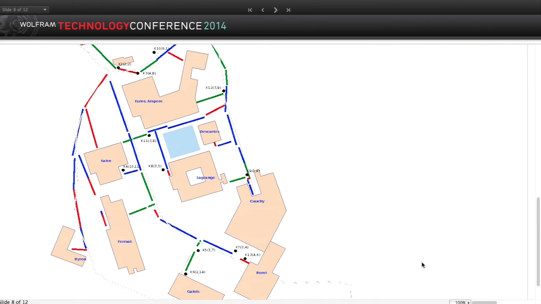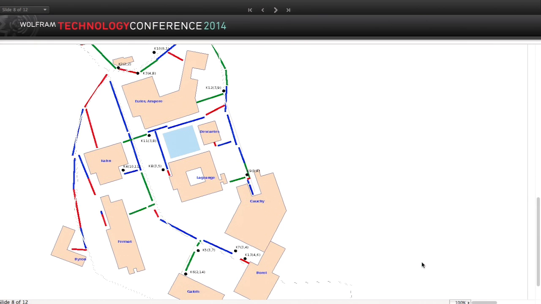So that's the campus, and the green lines are the places where you can easily walk. It's quite flat. The blue line is a little bit like that, and the red line, it's not possible to go with a wheelchair, for example. And each of the marks is a place where the sidewalk is like that, so you can go with a wheelchair.